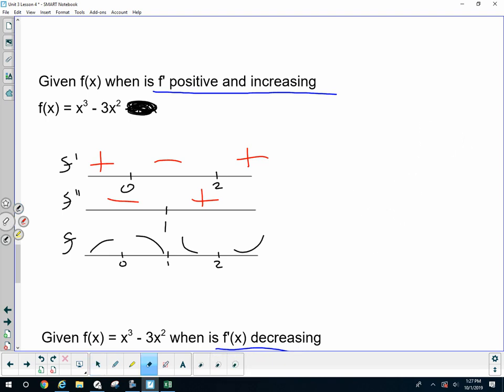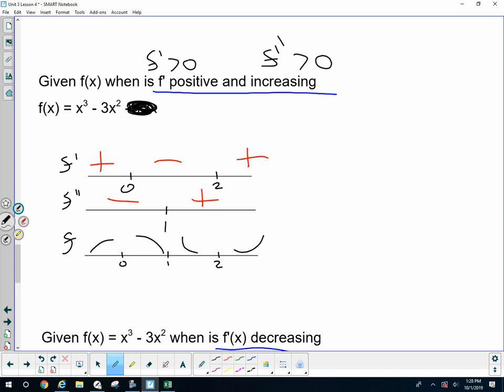You could do that. I like to, because you will see with like the third example we'll do, sometimes it gets kind of confusing in my head. I like to just immediately switch this to signs. You know, f prime positive, okay, f prime positive, that's easy. F prime is increasing. That means the sign of its derivative is positive. F prime is positive, f double prime is positive. Okay?